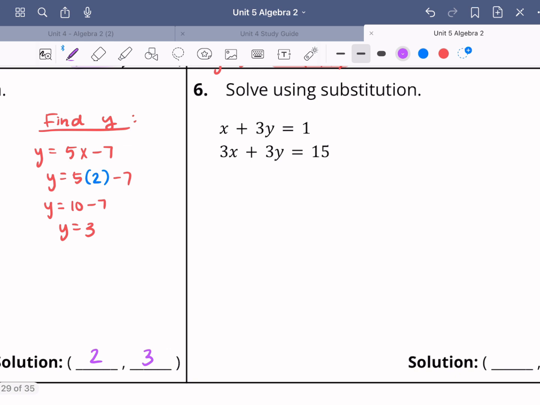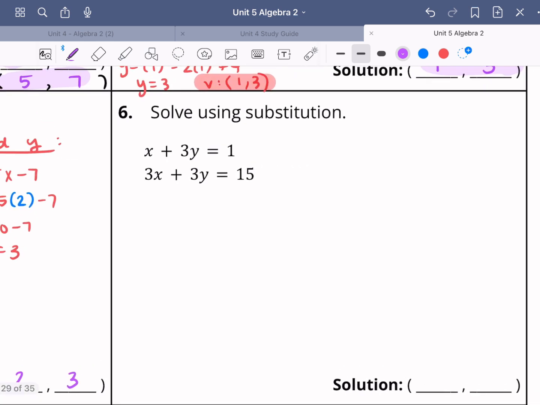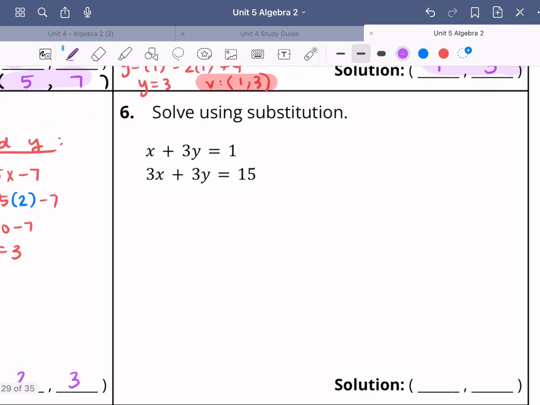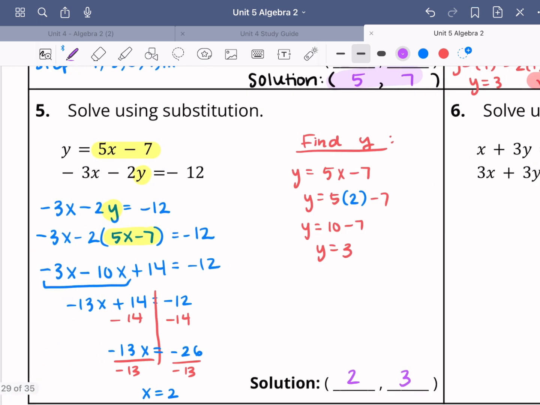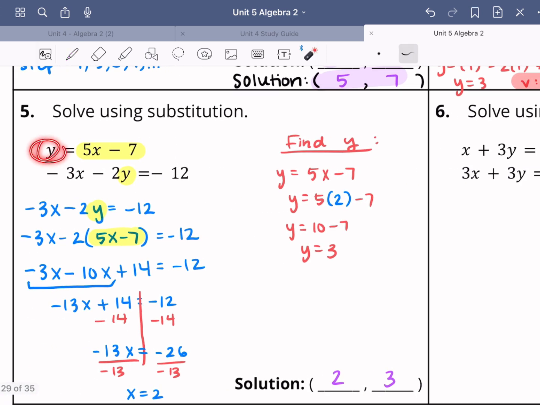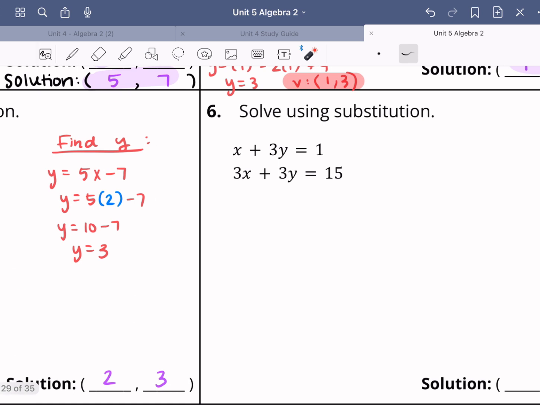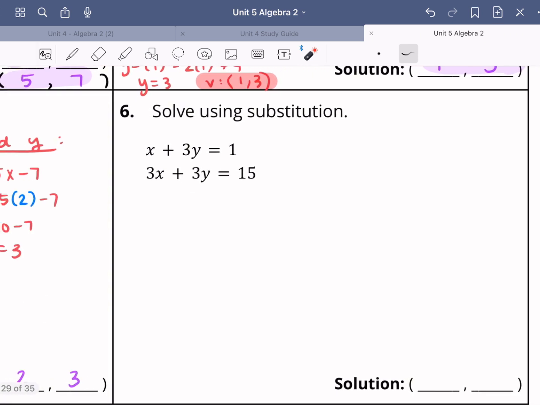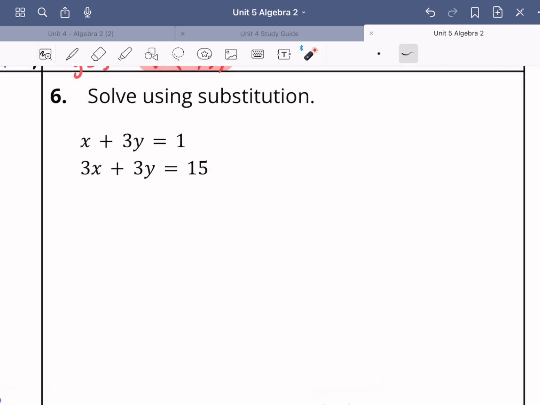For number 6, we're still using substitution. However, neither equation is solved for x or y like it was in number 5. We had this y equals equation. We can also do this for x equals. It doesn't matter. But because I'm thinking in this first one, it would be much easier to solve for the x, let's go ahead and just subtract 3y from both sides.